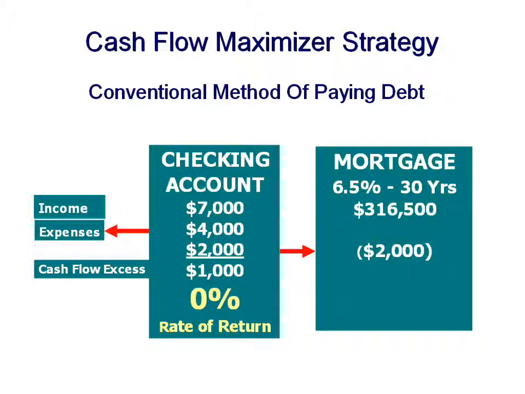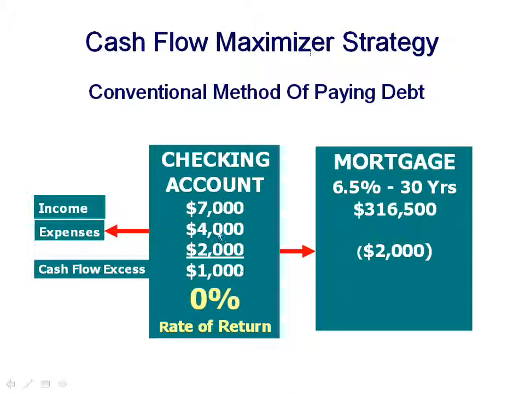But first of all, let's look at the conventional way that virtually everyone in the country uses to pay their mortgage. First of all, they deposit their income or their check into the checking account, and then they pay all their bills from the same checking account. In this example, Joe takes $7,000 in income and puts it into his checking account.